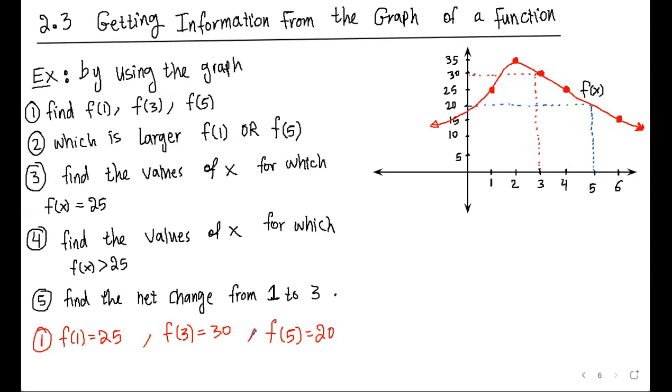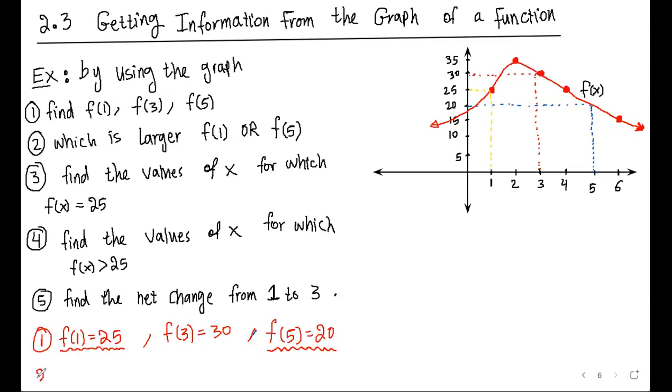Thank you, Mobin. Now, for the second one, which is the larger, f of 1 or f of 5? To do this, we have to find the value for f of 1 and the value for f of 5. From the first question, f of 1 is 25 and f of 5 is 20.